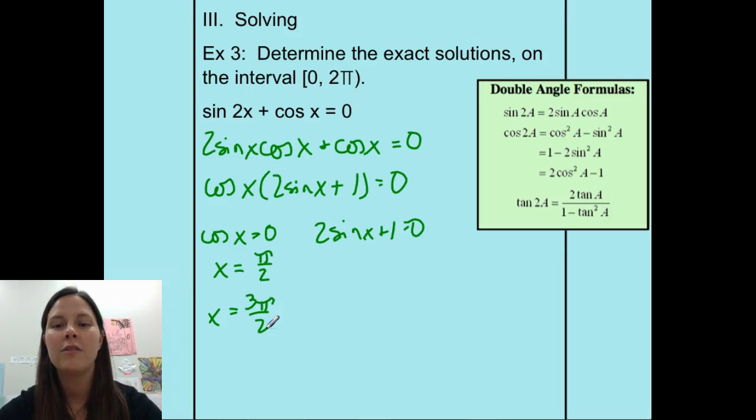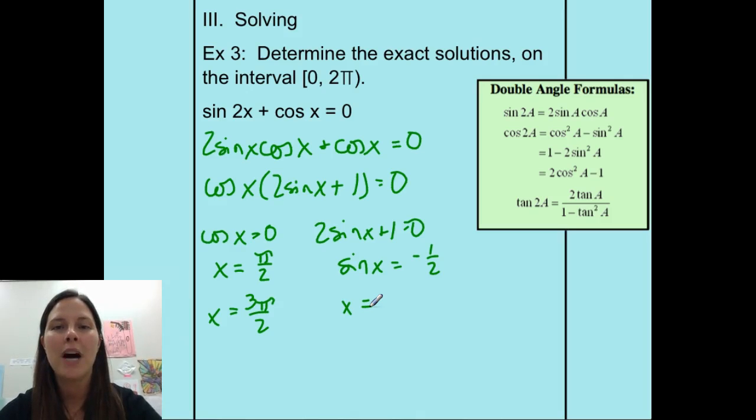Our second equation, if we subtract 1 and divide by 2, we're looking for where sine is negative 1/2. Using that first quadrant reference angle, sine is positive 1/2 at pi over 6, and it will be negative in the third and fourth quadrants at 7 pi over 6 and 11 pi over 6.